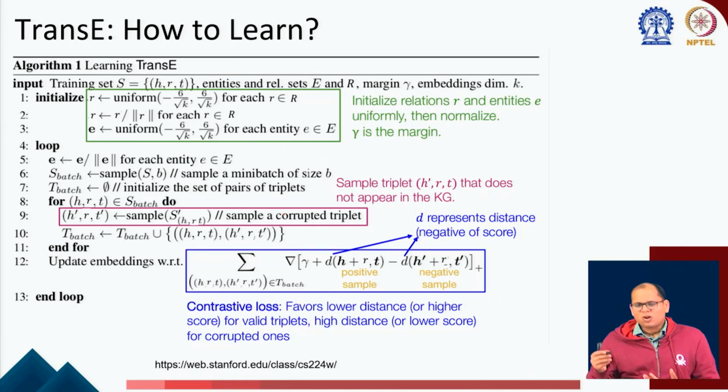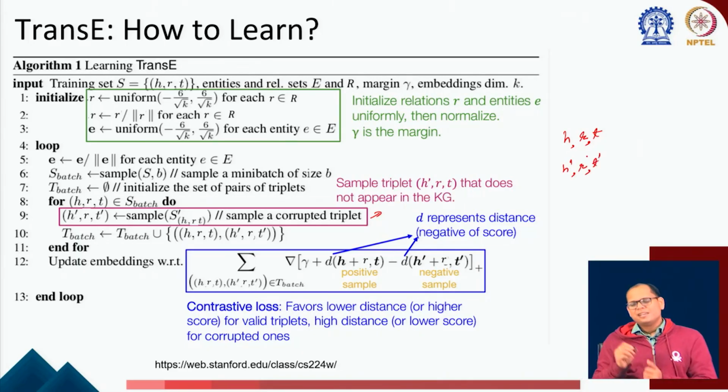You will take an actual knowledge graph, where you have some positive triplets, say h, r, t in the graph, and you will also have some negative samples, a corrupted triplet, h prime, r, t prime for the same relation.